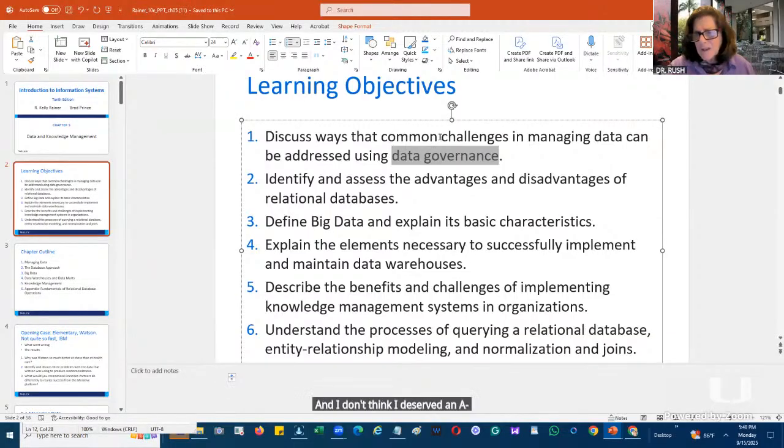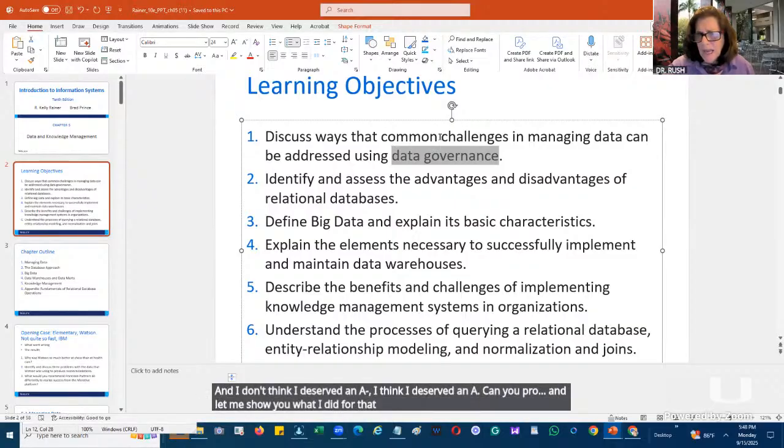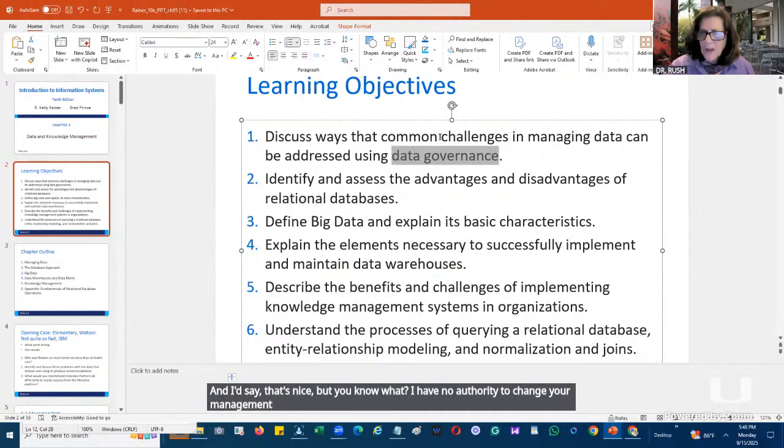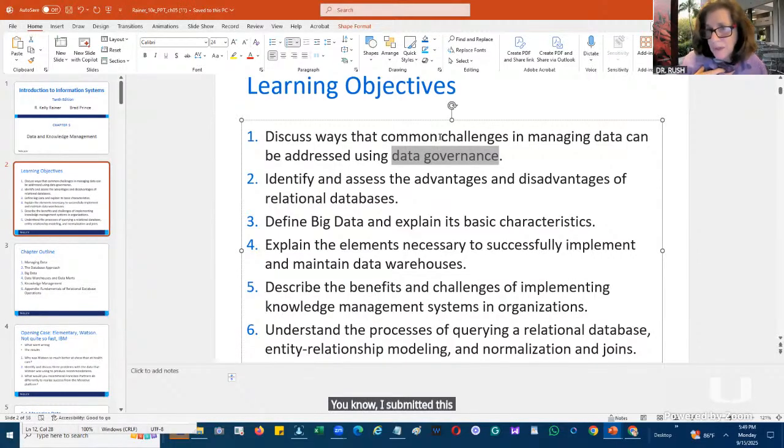I think I deserve an A. Can you change it? Let me show you what I did for that class. And I'd say, that's nice, but you know what? I have no authority to change your management grade. But if you came back and said, you made an error in my grade, I submitted this, then I have authority. That is data governance.